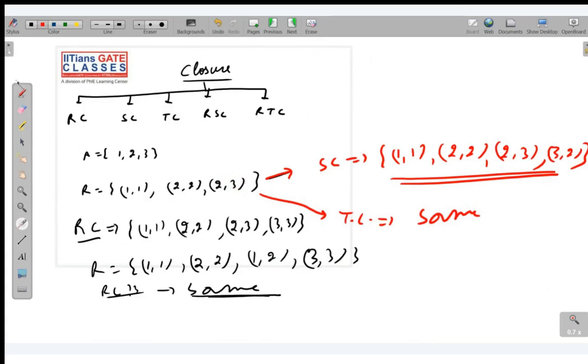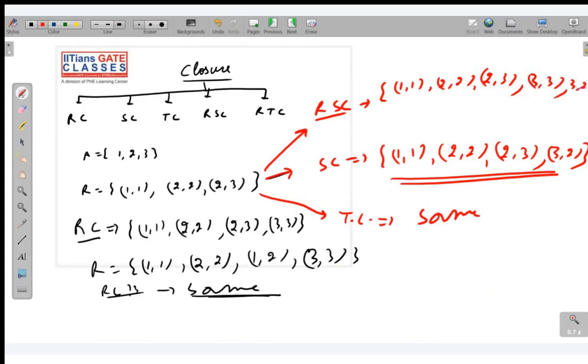Next is reflexive symmetric closure. First of all, we will copy this: (1,1), (2,2), (2,3). Simply add those which will make it reflexive as well as symmetric. For reflexive, I will add (3,3). For symmetric, I will add (3,2).